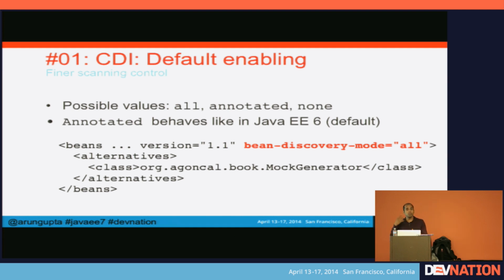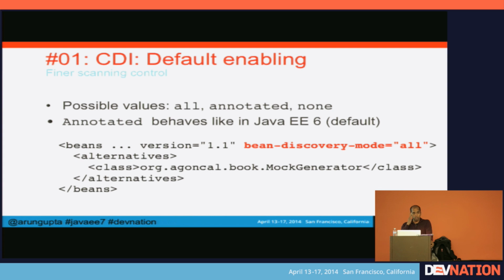In addition to that default enabling, we have also given you some knobs and controls. If you do have a beans.xml, there are 3 values that you can specify: all, annotated, and none. Annotated is the default. By default, I mean that if you have no beans.xml in your WAR file, any bean which is a CDI scoped bean is available for injection.